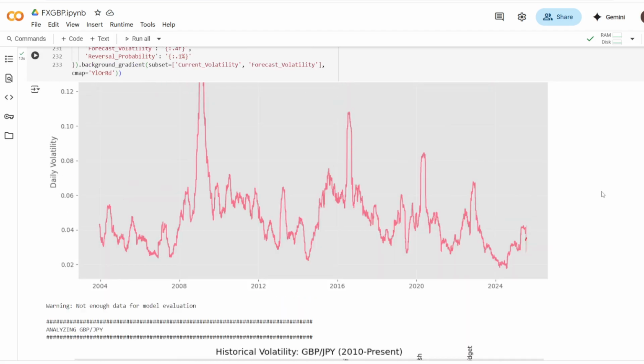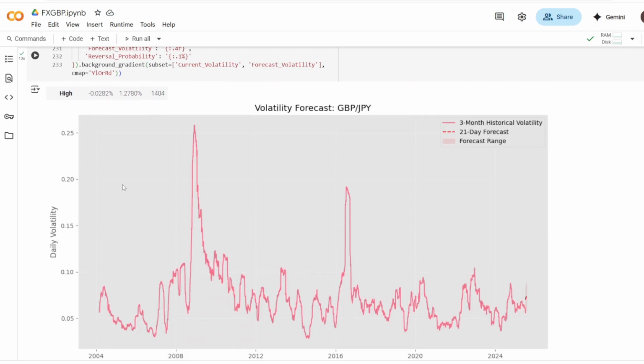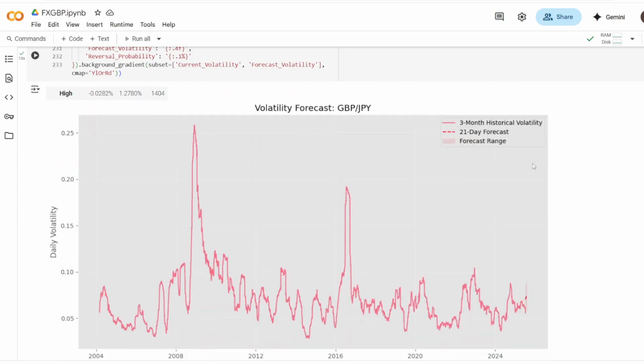Okay, here we have a volatility forecast, and we run an analysis of what the volatility regime is. If we run a forecast of 3-month volatility, and if there is a switch in the regime, we go from low, medium or high volatility, it depends.